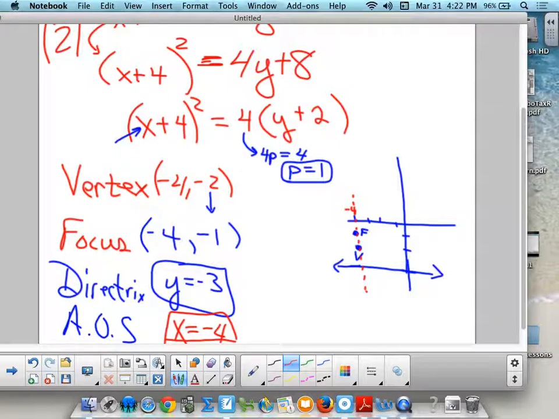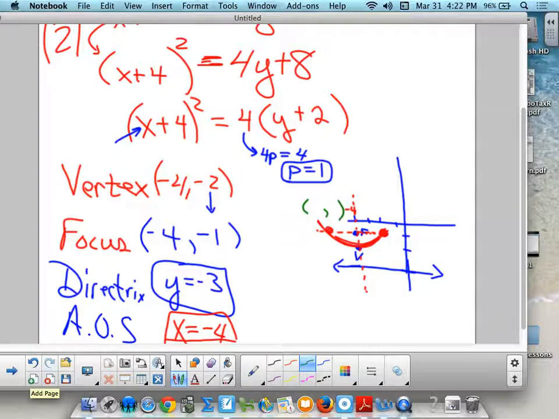Oh, the old endpoints. The endpoints are basically the focal width. Where does this thing actually hit? That's the question. This point and this point. And what you should know is that these endpoints are going to have the same y value as your focus.